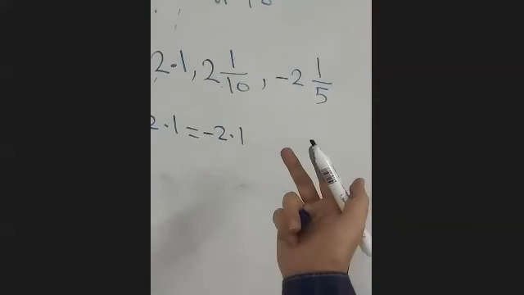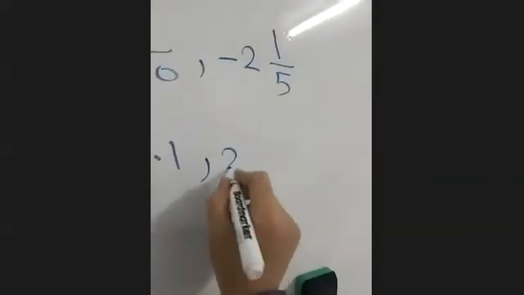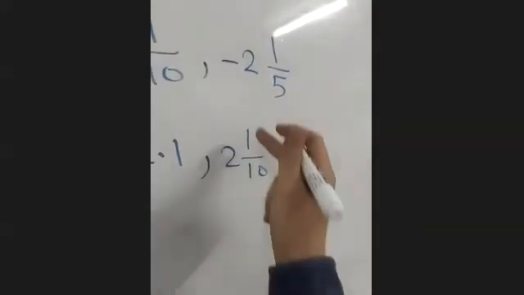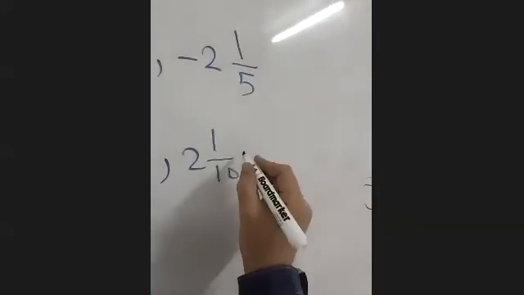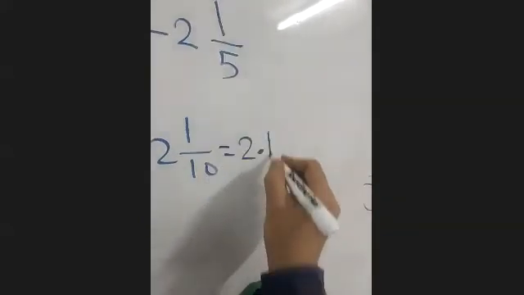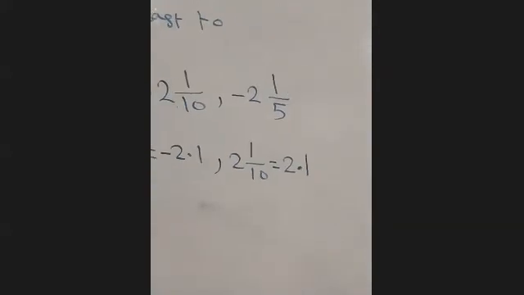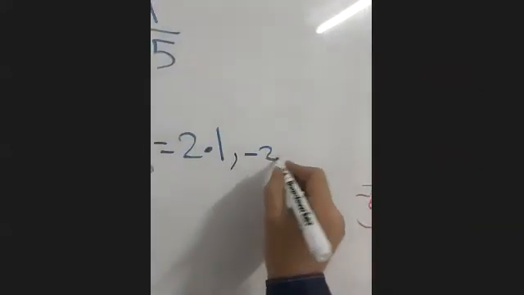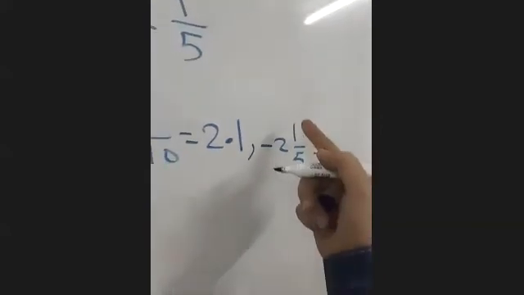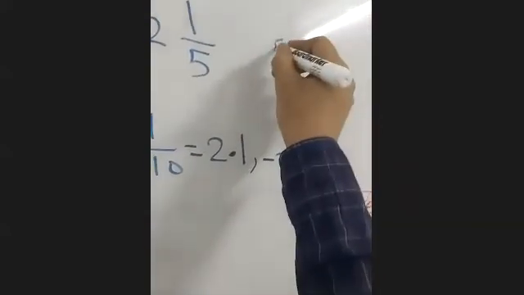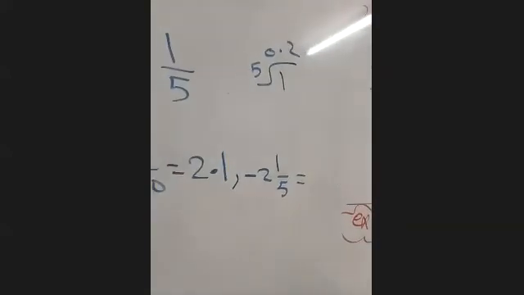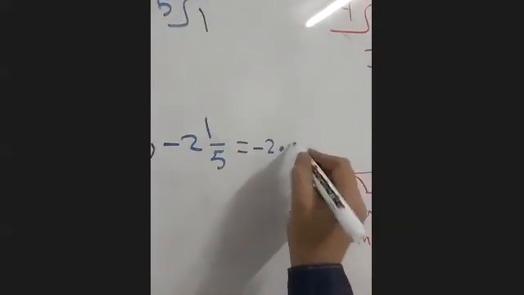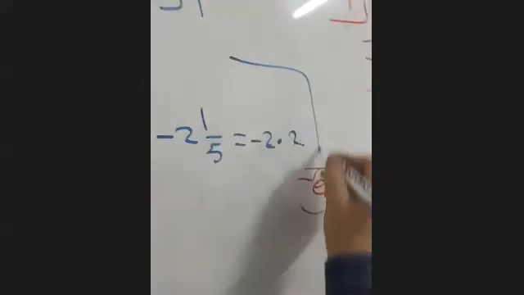Let's turn both to decimals. 2 and 1 over 10: if you divide 1 over 10, it will be 0.1, so it is 2.1. Negative 2 and 1 over 5: if you divide 1 over 5, it will be 0.2, so it's negative 2.2.